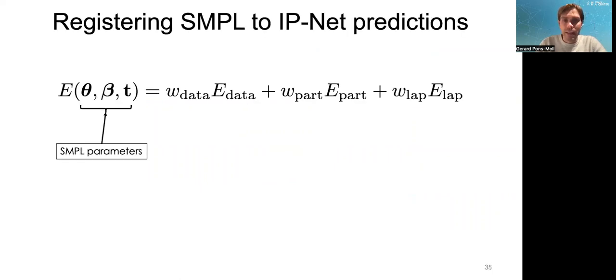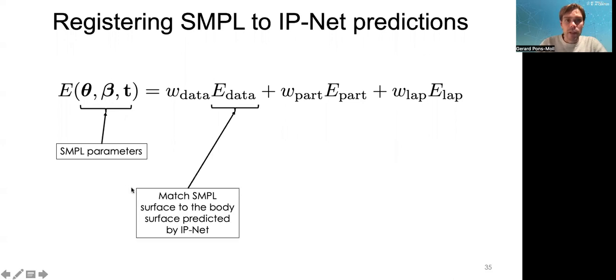So essentially, at test time, we leverage the neural predictions in order to make registration better behaved. We have an energy or loss function that depends on the pose, on the shape, and also on some freeform displacement vectors, which represent clothing and so on.